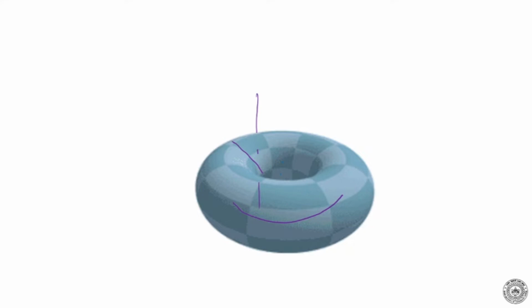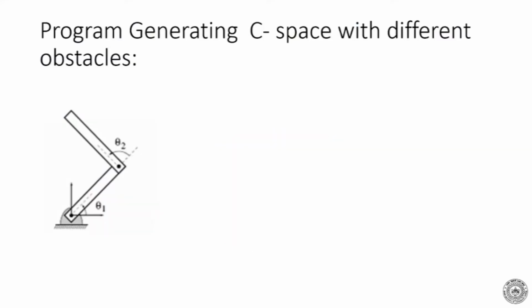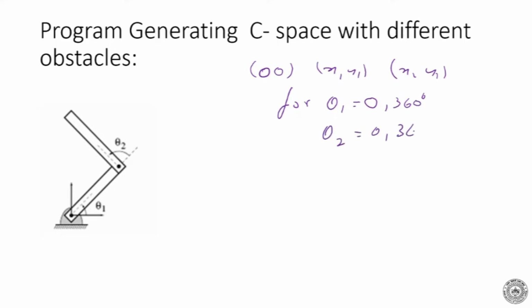Okay. Now, a program generating C-space with different obstacles. Basically what we do, we find the coordinates of 0, 0. 0, 0 is known, x1, y1, x2, y2. Okay. Use two for loops. Theta 1 is equal to 0 to 360 degrees. Okay. And theta 2 is equal to 0 to 360 degrees, in intervals of 1 degree. Okay.